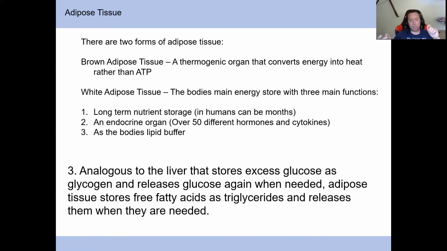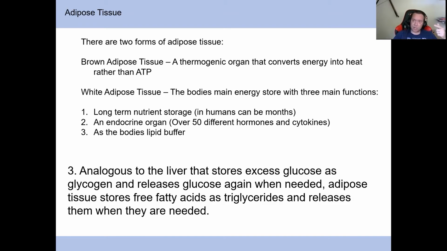And I would argue adipose tissue does the same thing over the same time frame, over a daily cycle. So when we eat, if we've eaten more fat than we need, it stores the free fatty acids as triglycerides and releases them when they are needed, again, say when we're asleep in the fasted state. And this process is dynamic, and we can think of glycogen being analogous to triglyceride and glucose and free fatty acids being analogous.